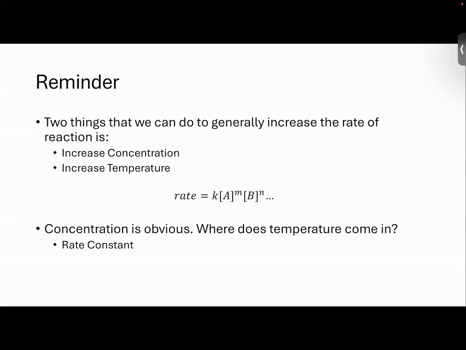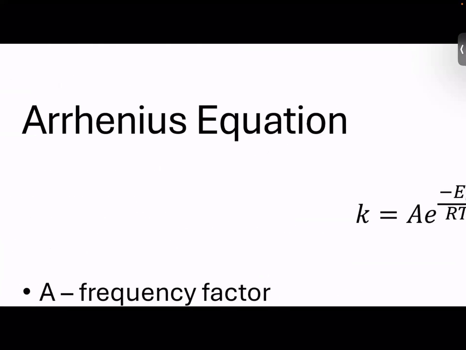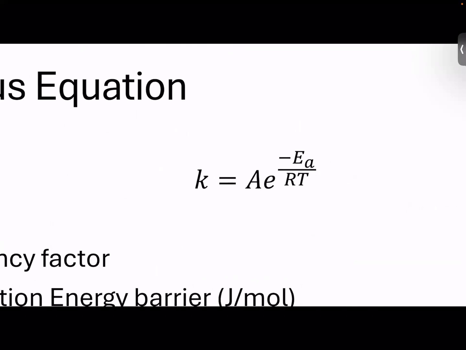So, rate constant. The rate constant K is equal to A times the exponential of negative E sub A over RT.